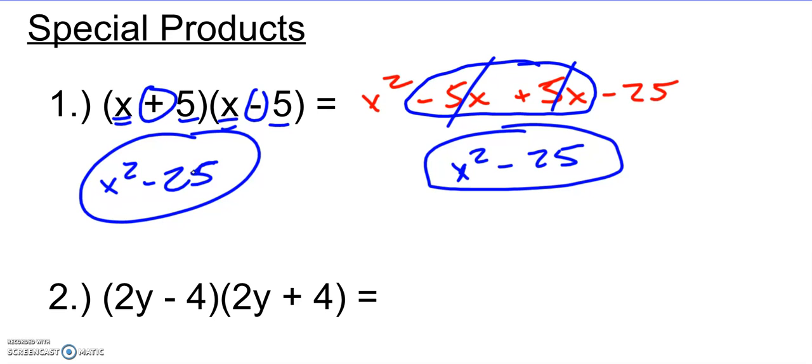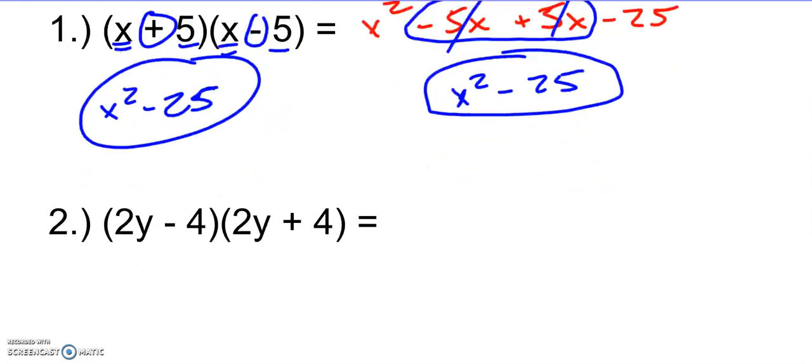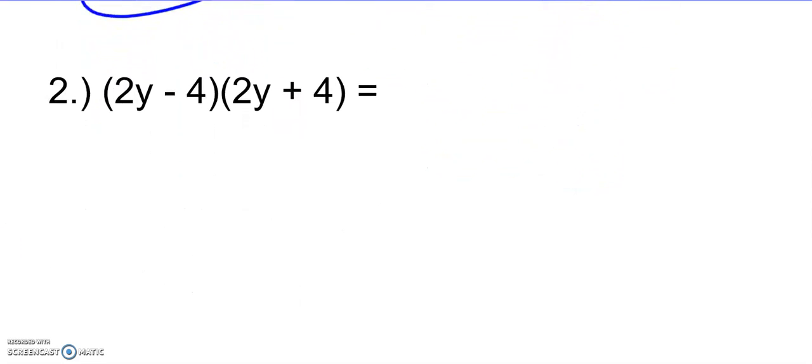You can certainly use that, but remember, you can always just go with the FOIL method too if you don't catch that. It will always work out. So looking at number 2, we do have that situation. We have 2y and 2y. We have a 4 and a 4. The only difference being a negative 4 and a positive 4, a plus and a minus, is the only thing that makes those different.